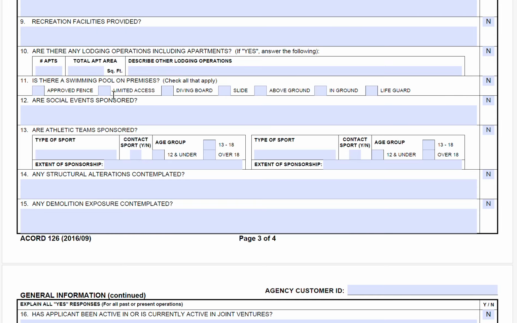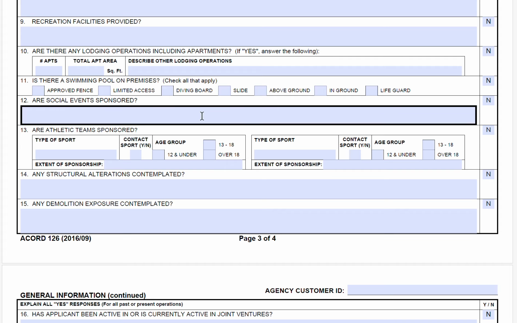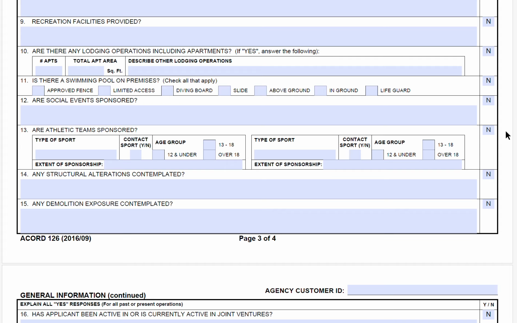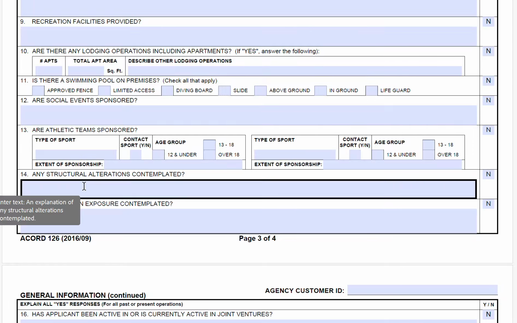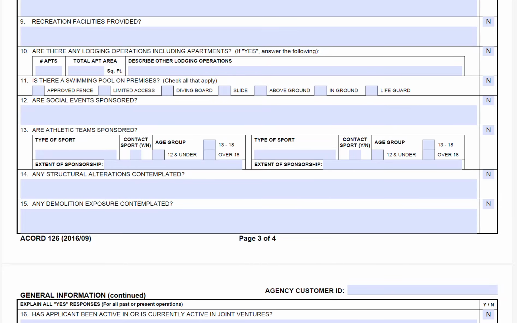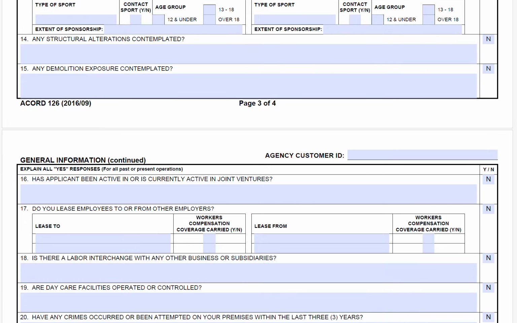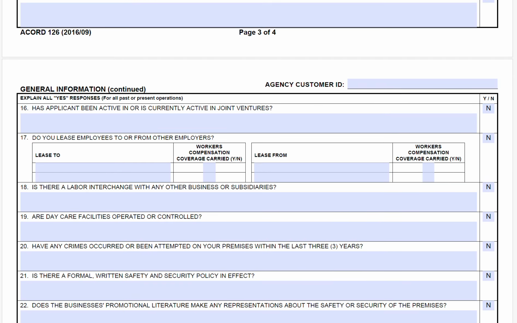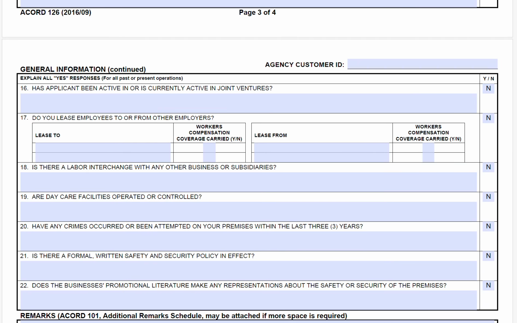The swimming pool, make sure you answer all these questions. Social events sponsored, another one, almost always no. Athletic teams, almost always no. Structural alterations, that's going to be important if you're doing a commercial property, as well as demolition. They most likely are not going to qualify for any type of liability at that point.